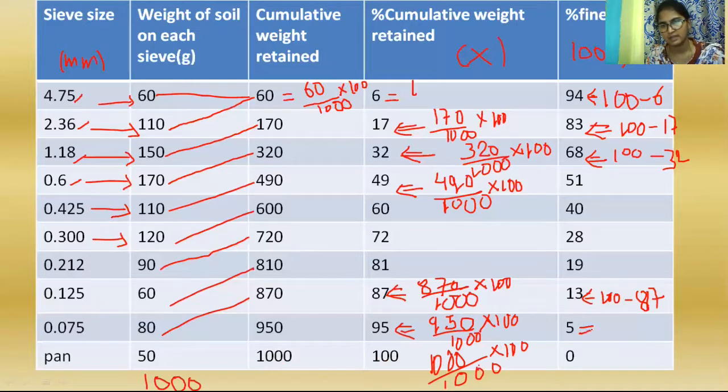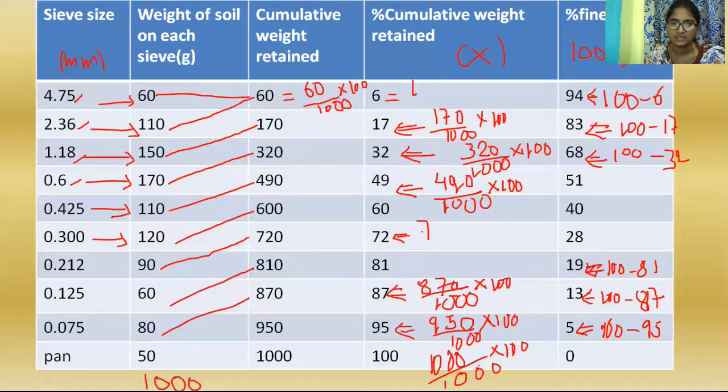Here 100 minus 95 is 5. 100 minus 81 gives 19. Like this we can solve the remaining.